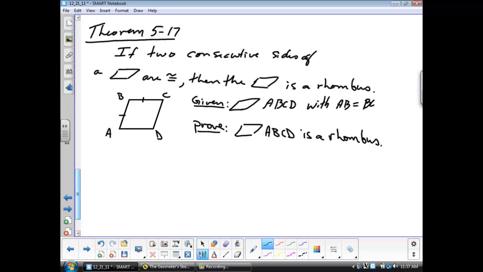What we know about a parallelogram is that opposite sides are congruent. So we pretty much have our proof just from that statement. Since opposite sides of a parallelogram are congruent, that means BC is equal to AD, exactly, and AB is equal to CD, exactly.